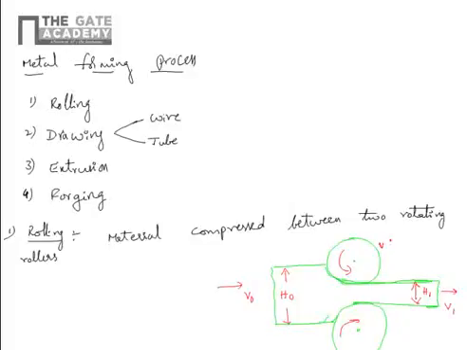So these are the parameters which we need to remember. R is the radius of the roller. The strip can be pulled into the rollers by friction acting between the rollers, and to get a straight strip, the velocity should be constant.